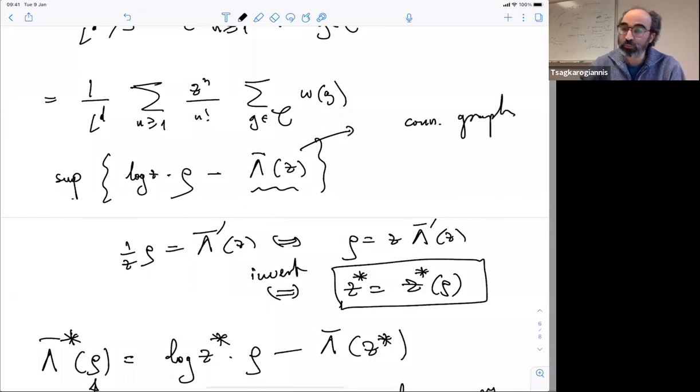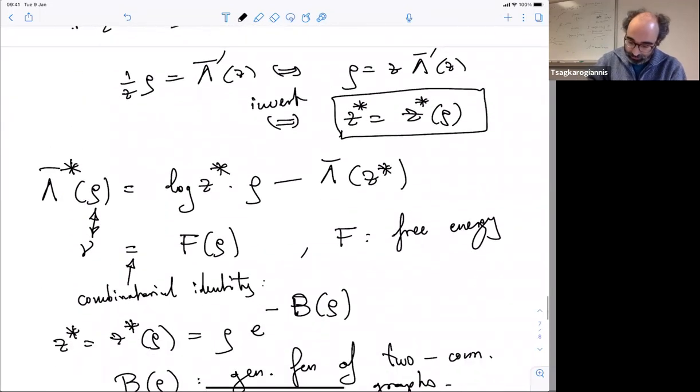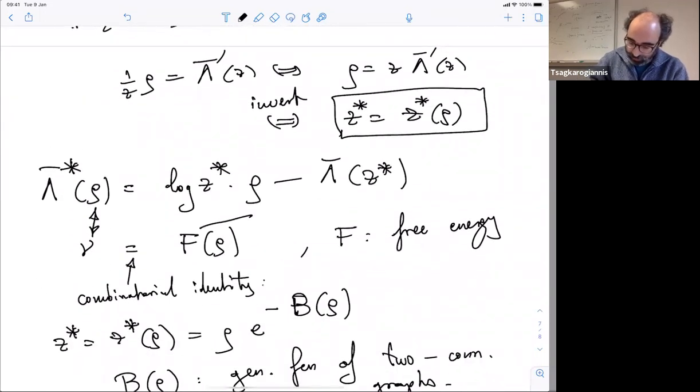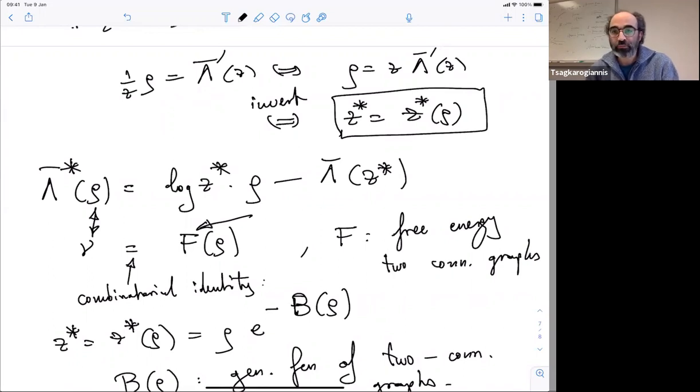And the supremum of that, when I plugged it in here, gave me the free energy, which is the two connected graphs. Of course, again, we have to discuss the convergence, and all the work is there. But I just wanted to give you a panoramic view of what happened.